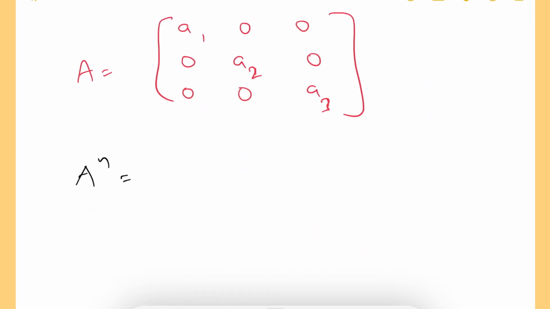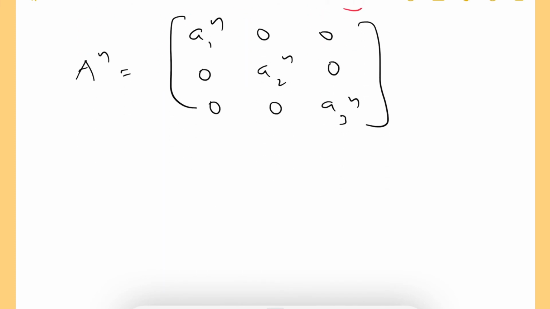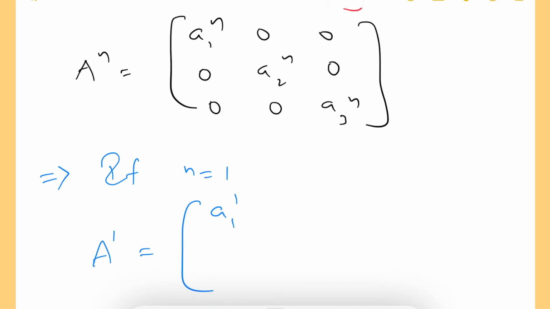A power n will then be A1 power n, 0, 0, 0, A2 power n, 0, 0, 0, A3 power n. Now the first step is substituting n equals 1. If n equals 1, then A power 1 equals A1 power 1, 0, 0, 0, A2 power 1, 0, 0, 0, A3 power 1.